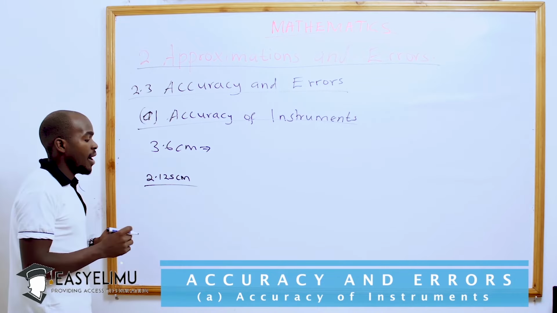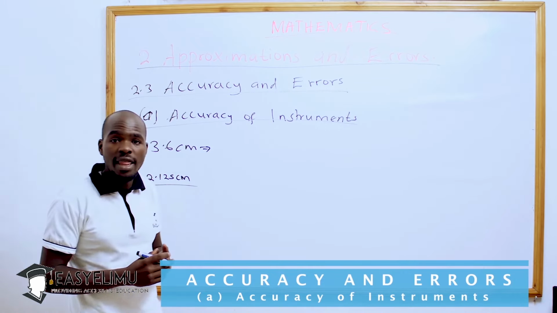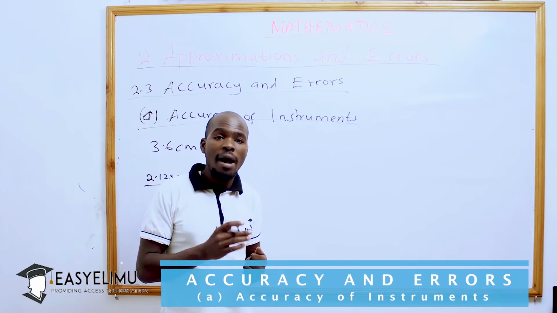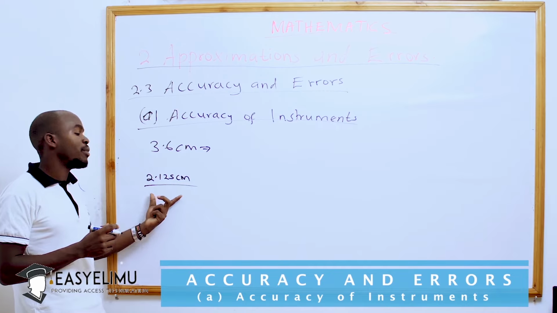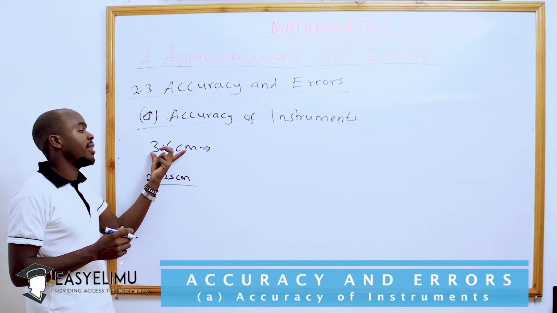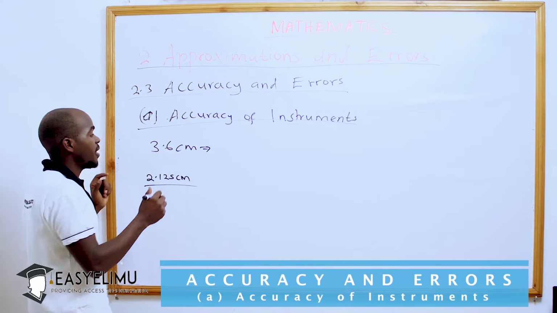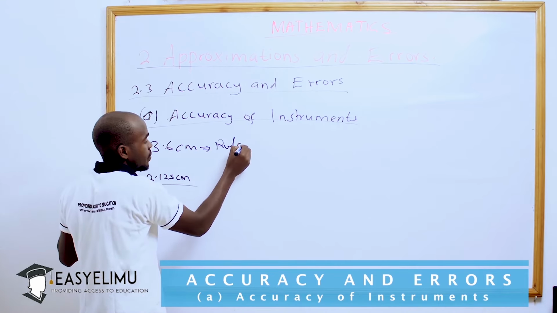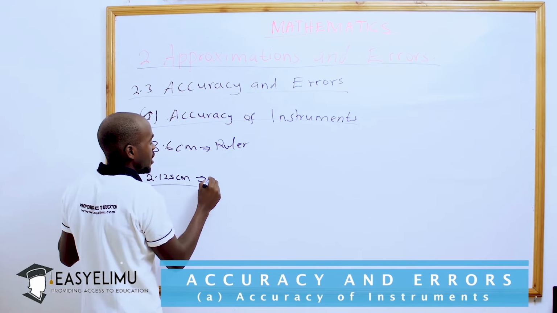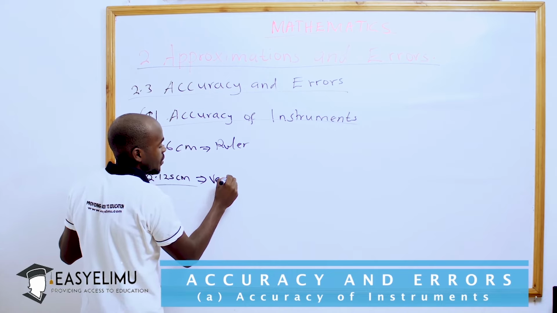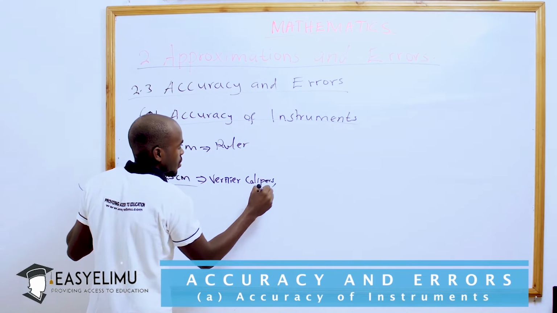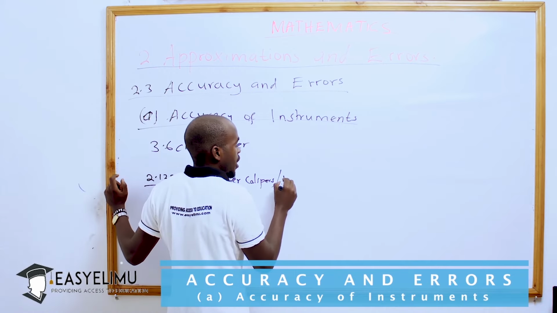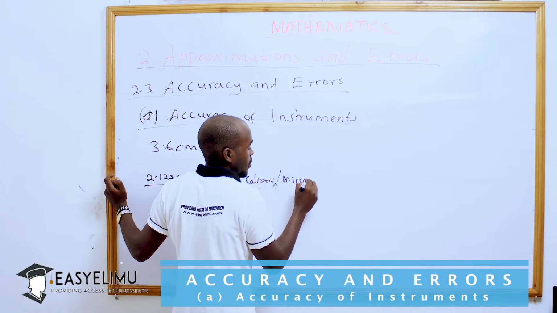This one has been measured using either a micrometer screw gauge or a vernier caliper. If you find the error in this measurement and that of the ruler, this is for the ruler and this one is for either the vernier caliper or the micrometer screw gauge.